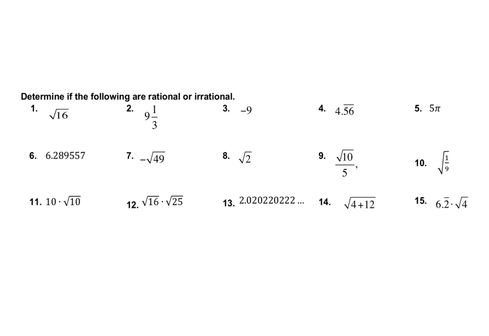All right, so let's take a look here. Our first one is the square root of 16, which we know is a perfect square, so that one is going to be rational. Number 2, we have 9 and 1/3, which is just a mixed fraction. Fractions, remember, are rational. We have -9. All right, -9 would be considered that terminating decimal.